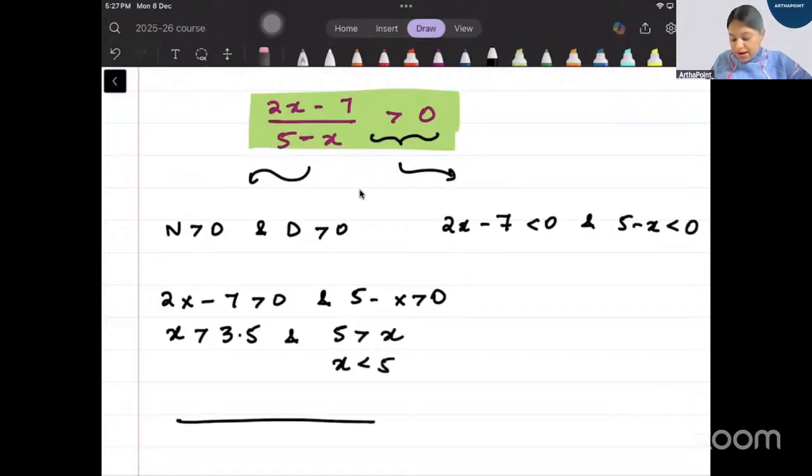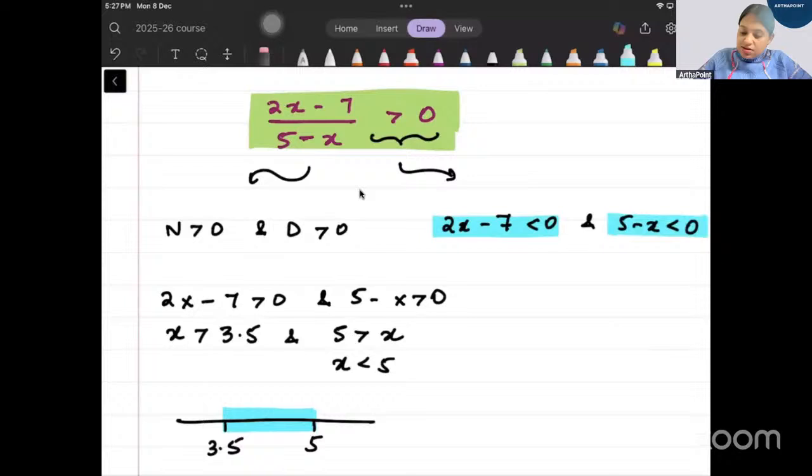So if I combine these two, I get that x should be between 3.5 and 5. That's the first thing. The second one that I get is the less than case. So I get x less than 3.5 and 5 less than x.